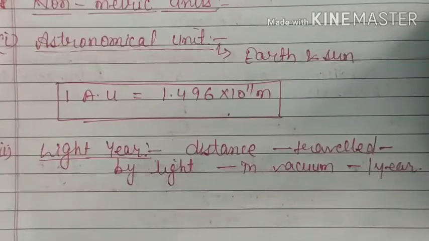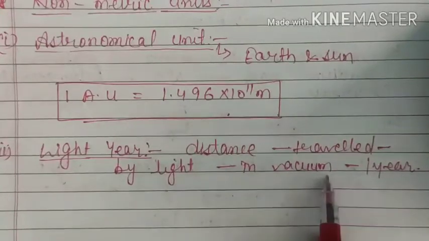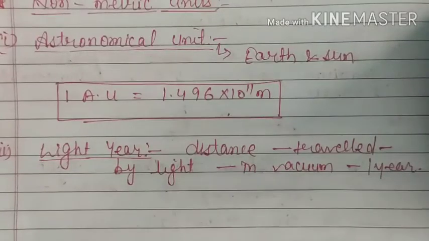But right now, since earlier also this word vacuum or air came, I think I should tell you. Vacuum means we are giving a special condition that the light is traveling through vacuum only, because if it travels through another medium, its speed will change. Sometimes instead of vacuum, the word air is also used. They are not the same, but since the variation in air is very small, we consider it equal to vacuum.